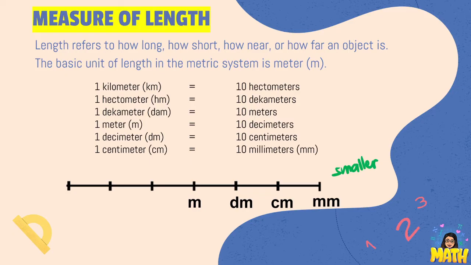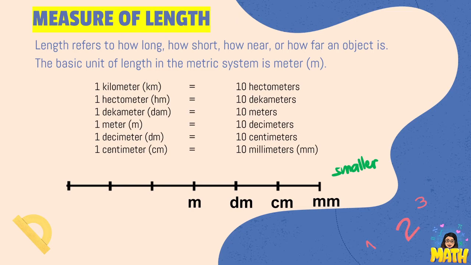Ibig sabihin, mas maliit yung measure na to compared kay meters. And we usually use this to measure smaller objects, just like pencil, ballpen, ruler, notebook, books. So ito yung mga units na ginagamit natin to indicate the measures of smaller objects.